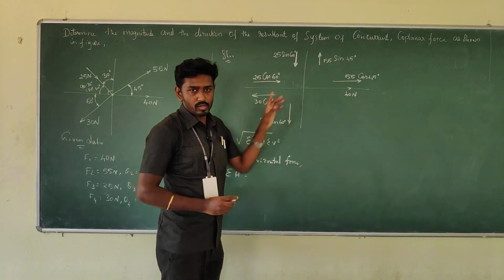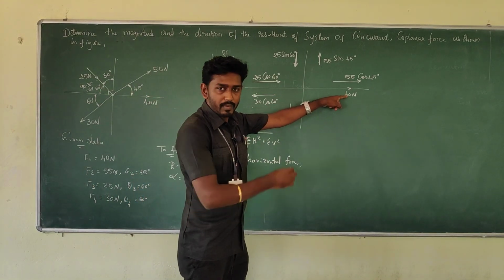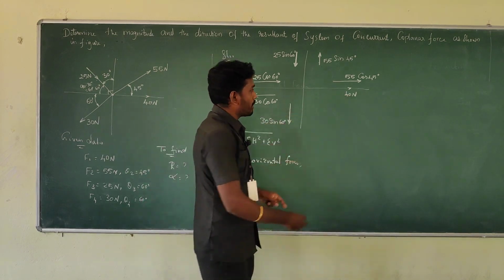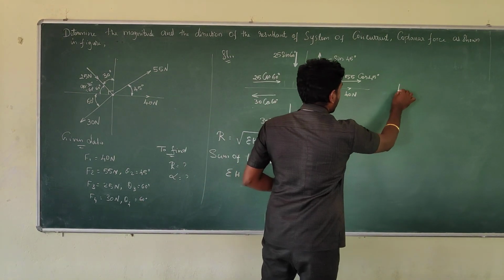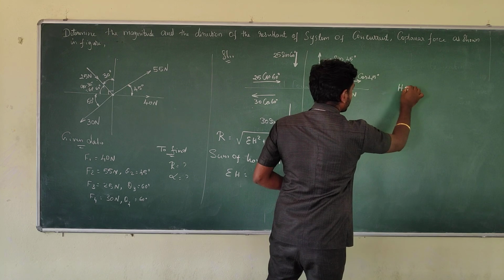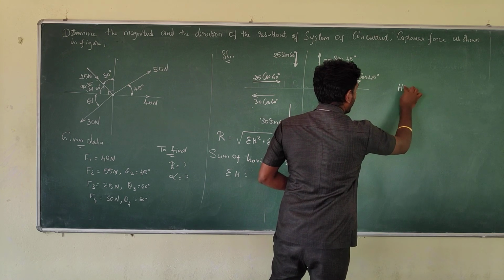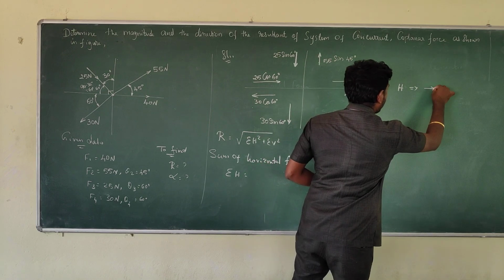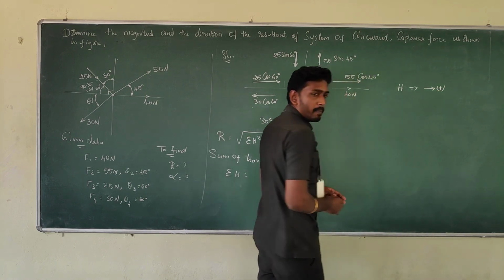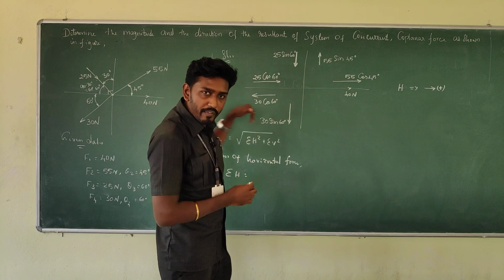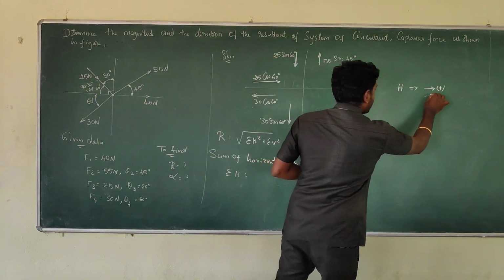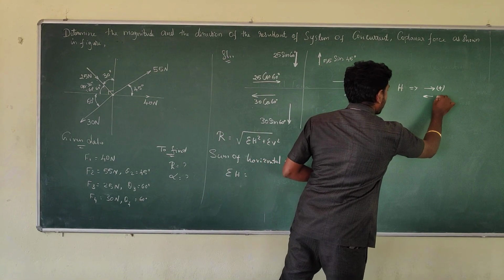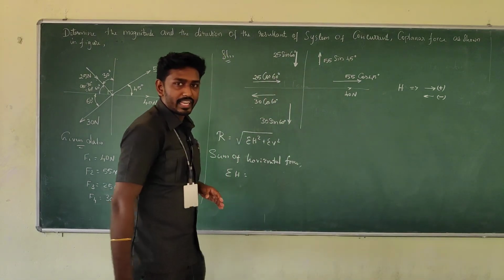If the horizontal force moves to the right side, we can take it as positive. If the horizontal force is moving to the left side, then that can be designated as negative.